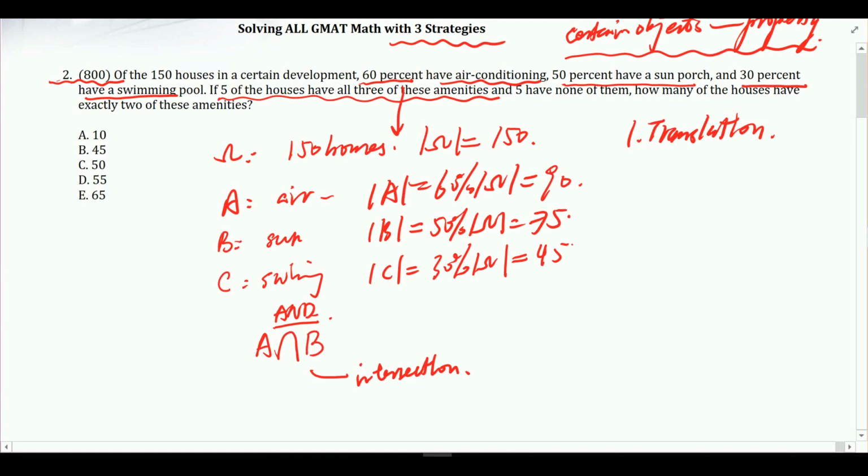You have all of them, so that means you have the swimming pool as well. The number of items in this set is equal to 5.